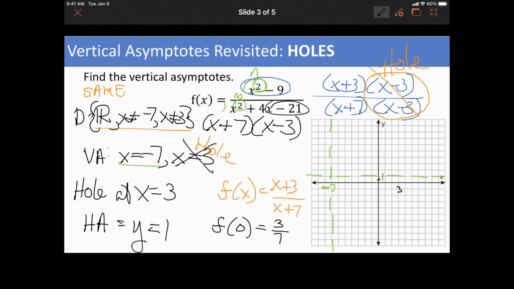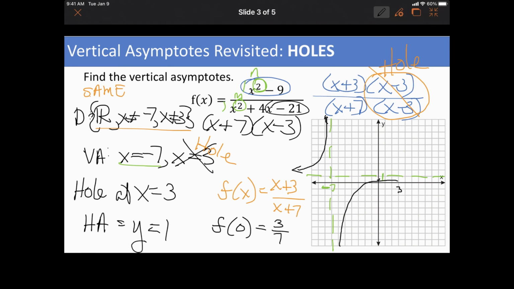So it looks like this. Because I know this is a y-intercept, my graph is going to go this way, and then it's going to go down, and it's going to come up. And it's going to keep going until we hit 3.